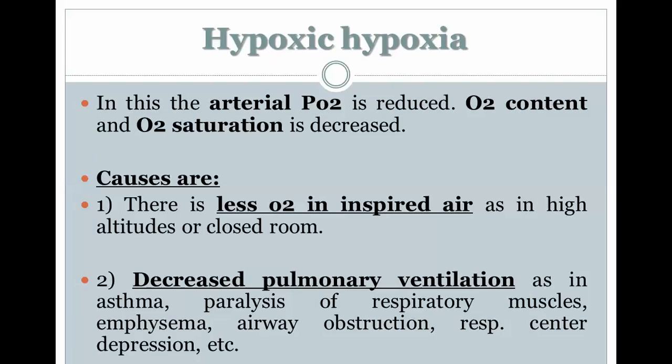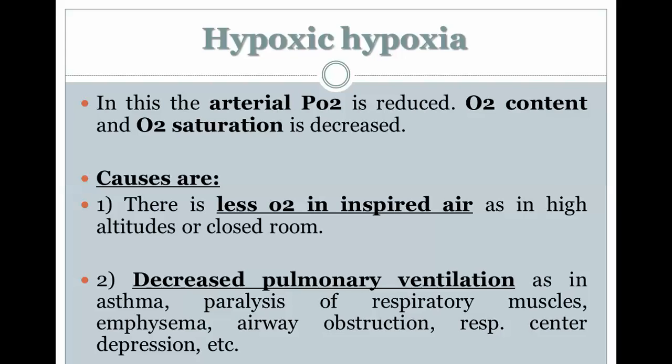Causes of hypoxia: less oxygen in the inspired air, as in high altitude. Polycythemia is a secondary compensatory mechanism to compensate for that.